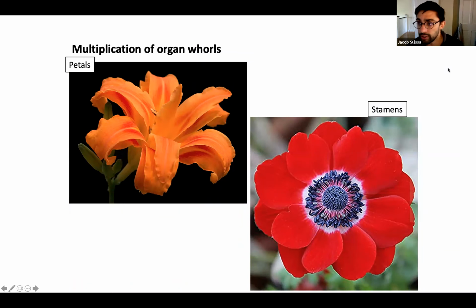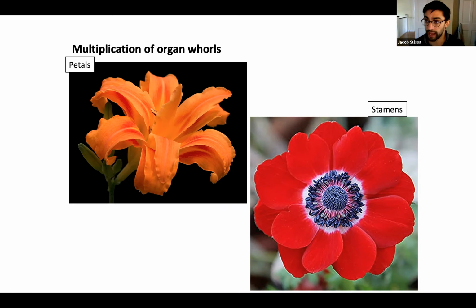In addition to fusion, we can also have the multiplication of organs. This is frequently seen in horticultural varieties or in cut flowers, like roses.